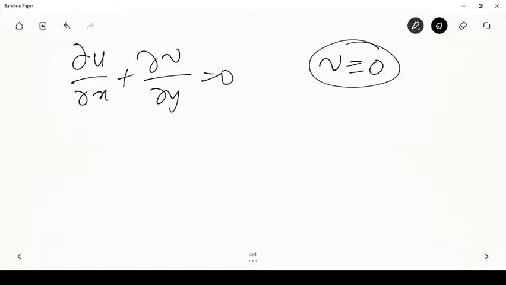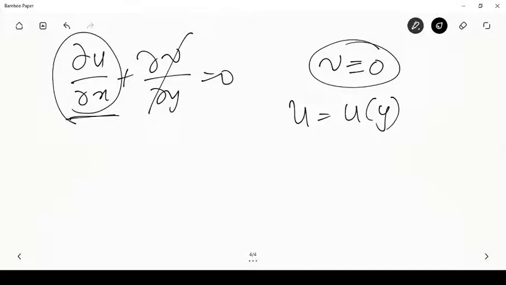After x is greater than LDH, v becomes identically equal to 0, and therefore this term disappears, which makes del u by del x 0. So there is no change in u with x. u becomes a constant with x. So u is only a function of y, but it becomes independent of x. Del u by del x becomes equal to 0.